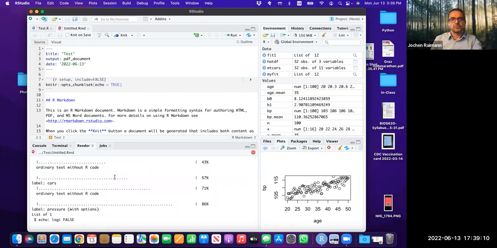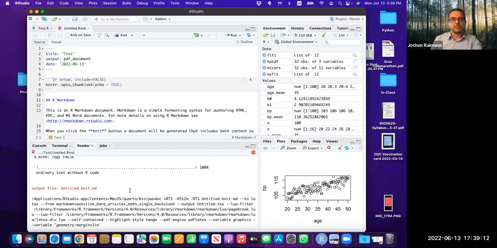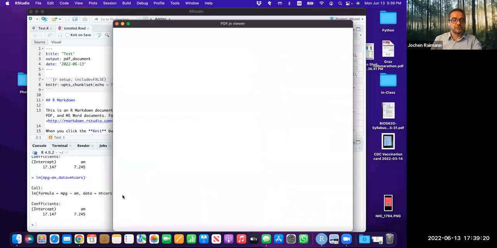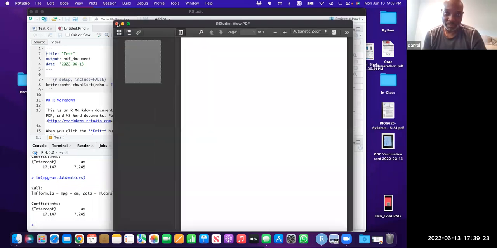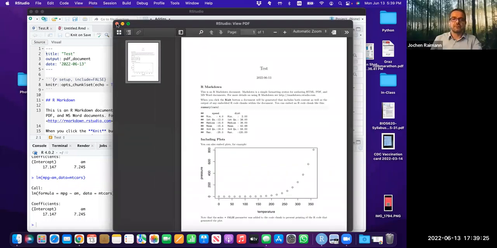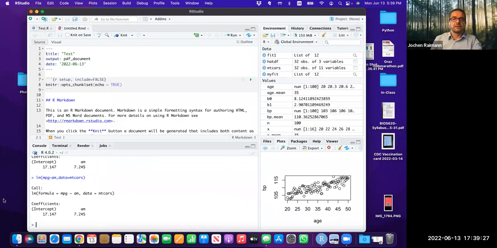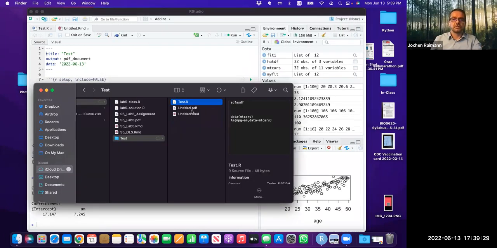That is basically now computing the Rmd, the markdown file, and creating a resulting document based on that markdown code. This is located in the same folder as your markdown file.